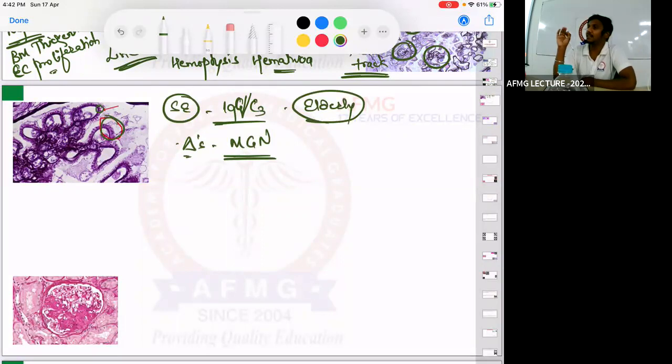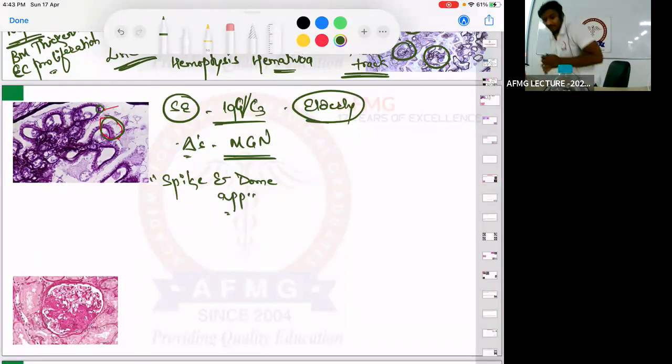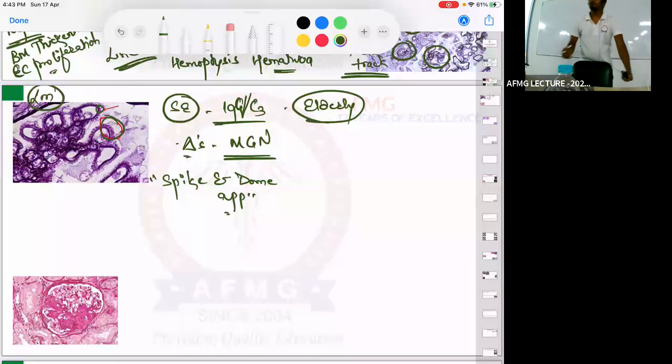And these subepithelial IgG and C3 deposits give a characteristic appearance known as the spike and dome appearance. Important. So please remember, guys, if an elderly patient presents to you and kidney biopsy shows subepithelial IgG and C3 deposits, this appearance is called spike and dome appearance, a feature of membranous glomerulonephritis.